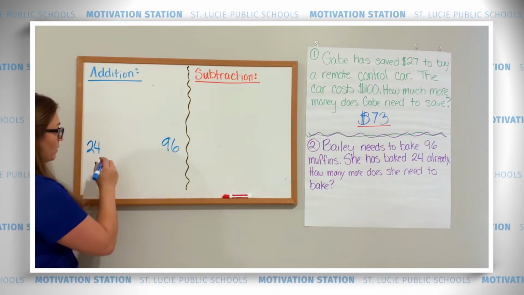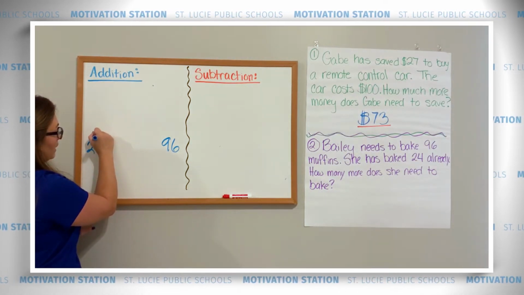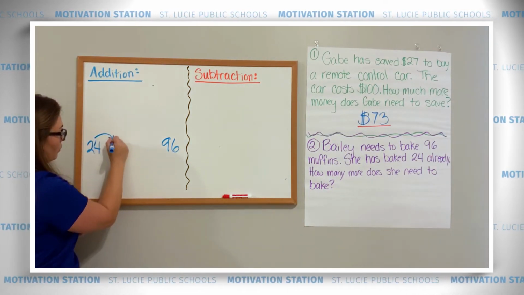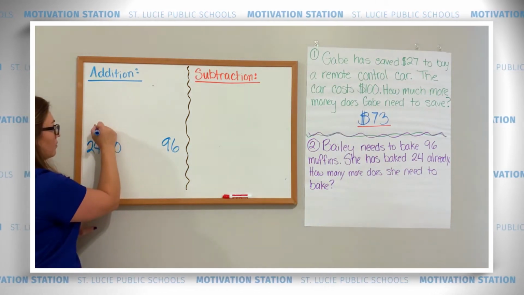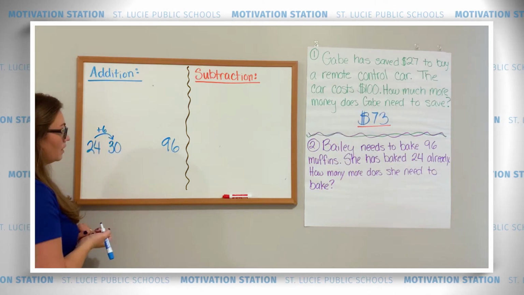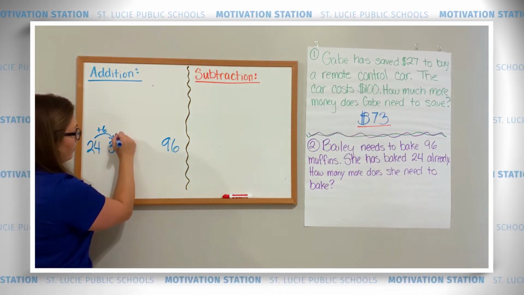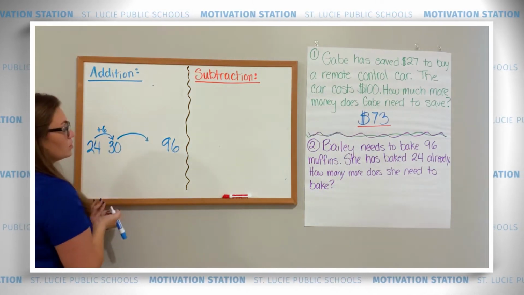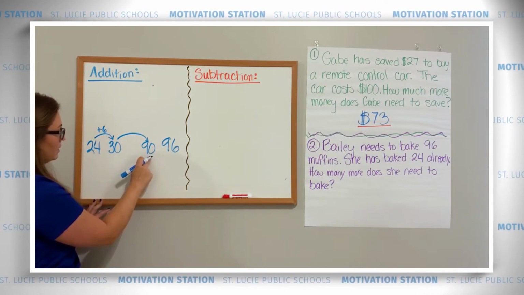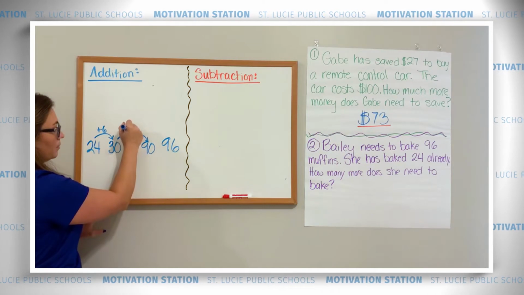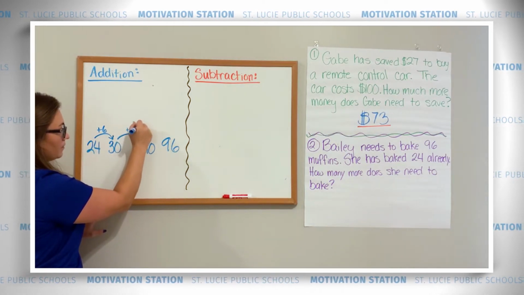One thing I could do would be to do a little jump to 30. 24 to get to 30 would be plus 6. And then I could go from 30 to 90. 30 to 90 would be plus 60.